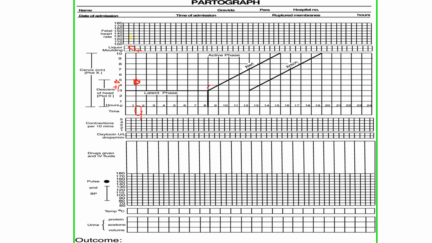You have to mark as an into line. So here also you have to mark, that is 4 centimeter dilatation was there here, and you can show the transition in dotted lines. So it has transferred to the active phase. Okay, 9 o'clock it was 4 centimeter and it has transferred to the active phase in dotted line.